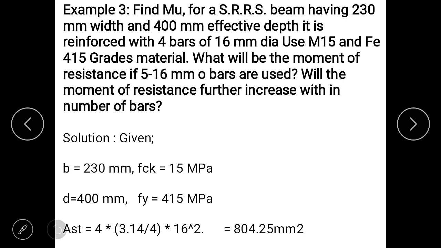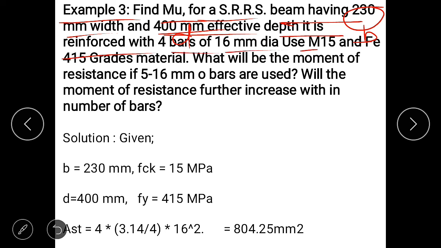Okay, next we start example number 3, find Mu. For a singly reinforced section, a beam has 230 mm width, which is B, and 400 mm effective depth, which is small d, reinforced with 4 bars of 16 mm diameter.